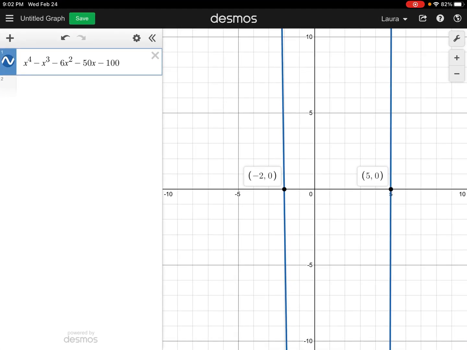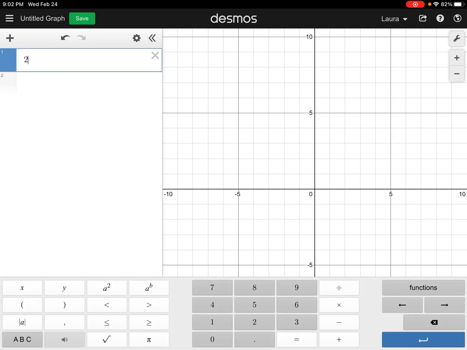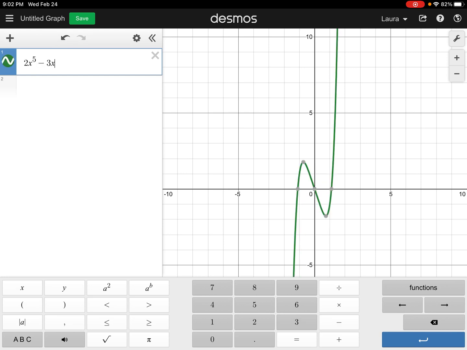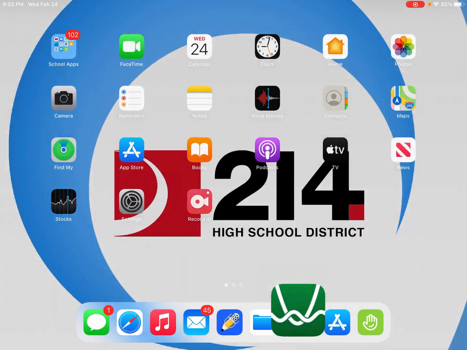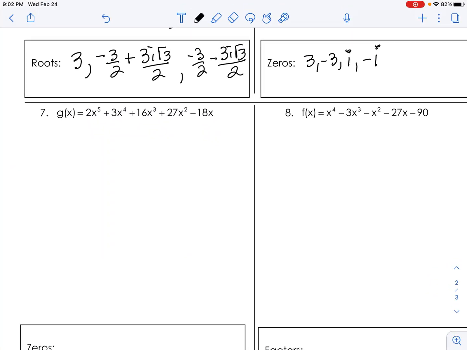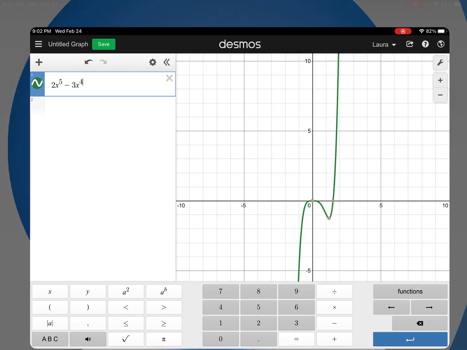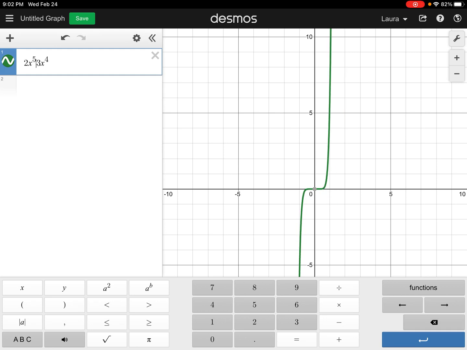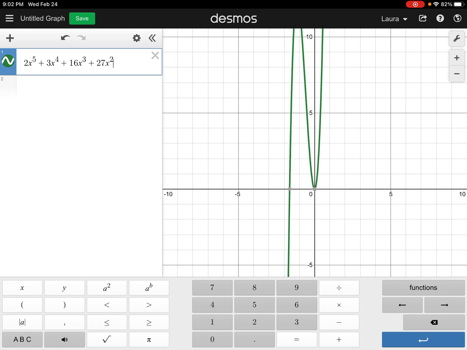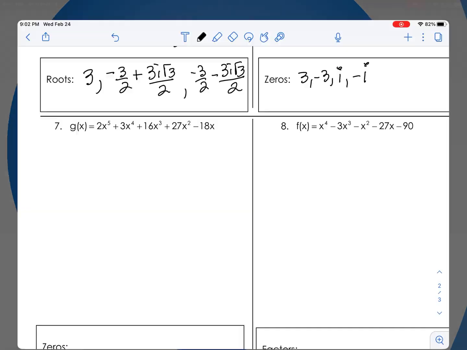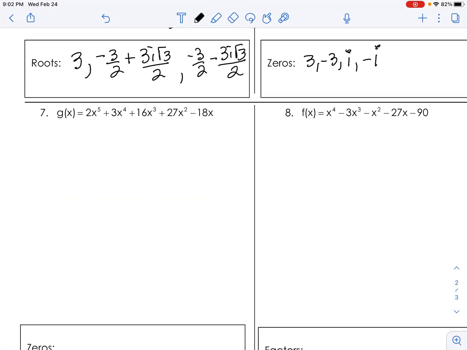So 2x to the 5th minus 3x to the 4th, plus 16x cubed and 27x squared. Oh, I forgot the last term. Minus 18x.